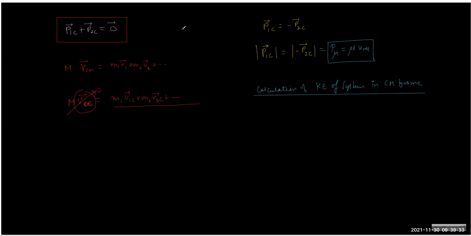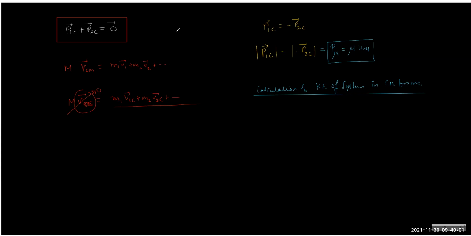So what we know from the conservation of linear momentum is that when you create a system, you impart some velocity to any particle of the system or all particles of the system. The center of mass starts moving. And once the center of mass is set into motion, that velocity will never change.